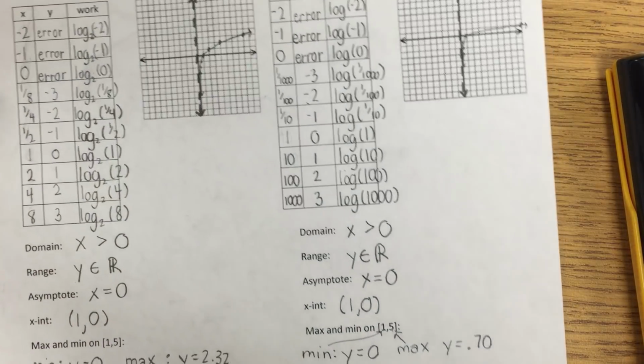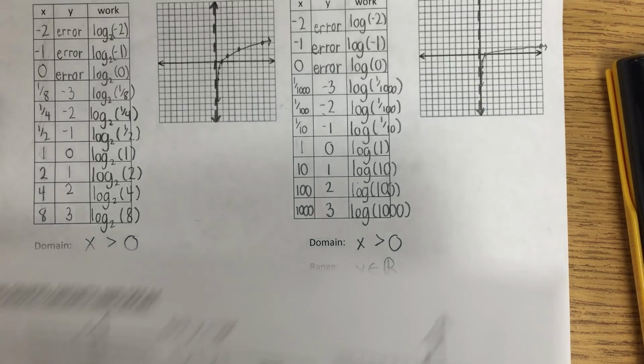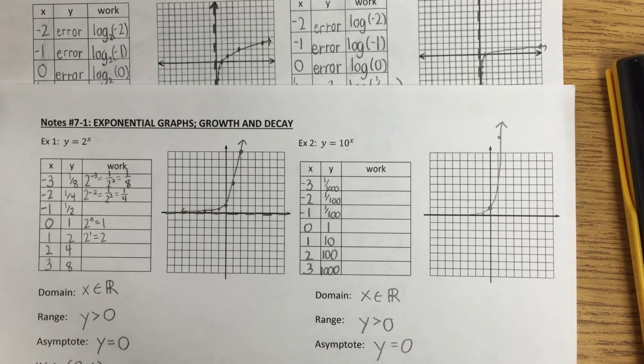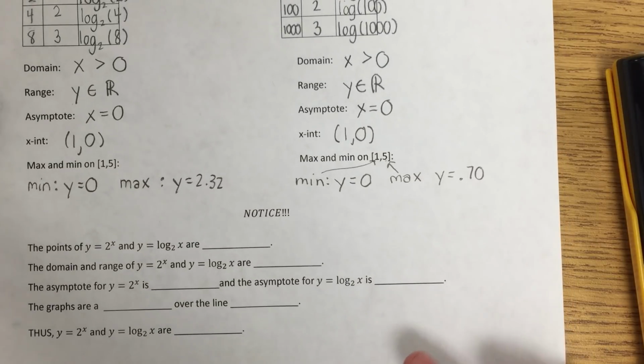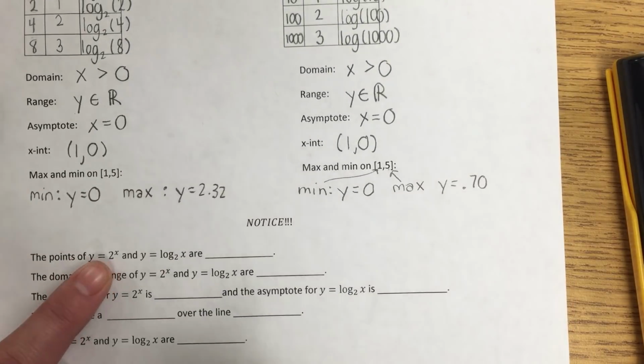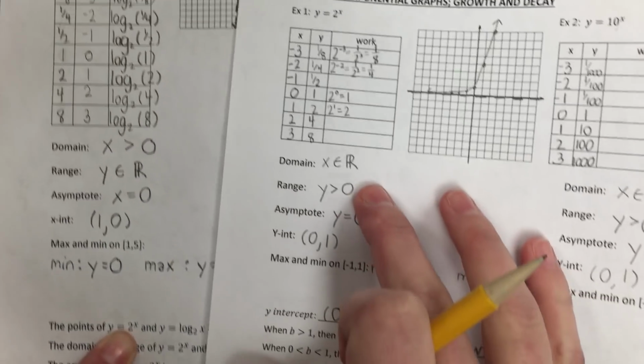Okay, so what I want you to notice about these graphs, and you might have to refer back to your notes 7.1 about exponentials, is the points of y equals 2 to the x and y equals log base 2 of x.